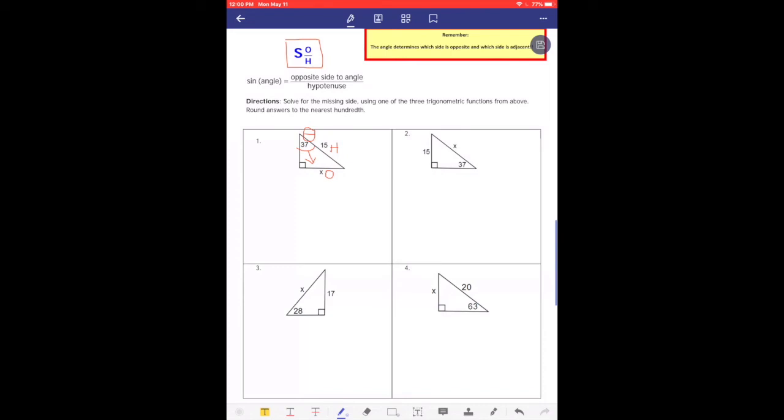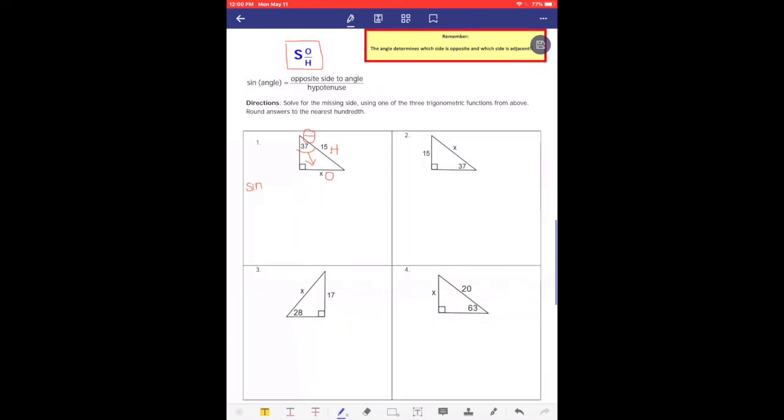So now that I have my O and H labeled, I can use the sine function. So my formula is sine theta equals opposite over hypotenuse, and I'm just going to abbreviate O over H. Now you want to fill in everything.